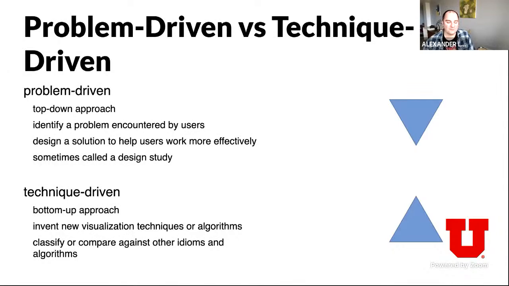From a research perspective, this would be your classical visualization technique paper, like you have an idea of how to do a better network layout, and you develop that. From an industry perspective, that would be developing a product that is probably useful for many different people for many different applications.